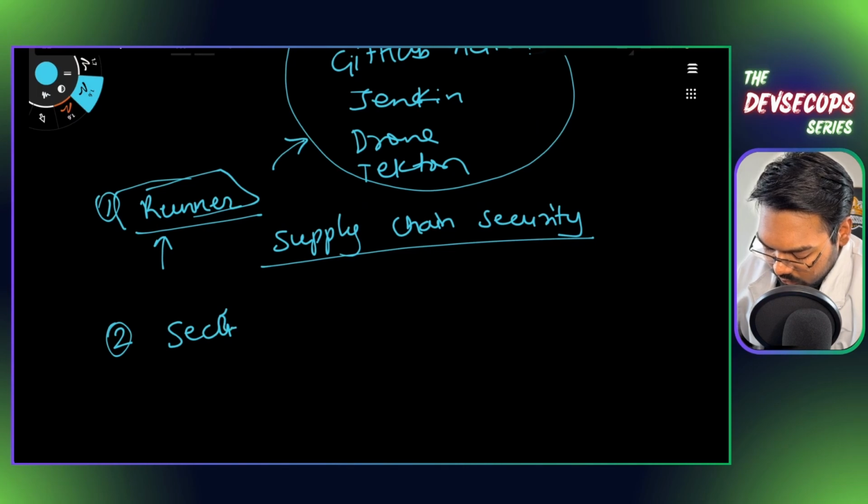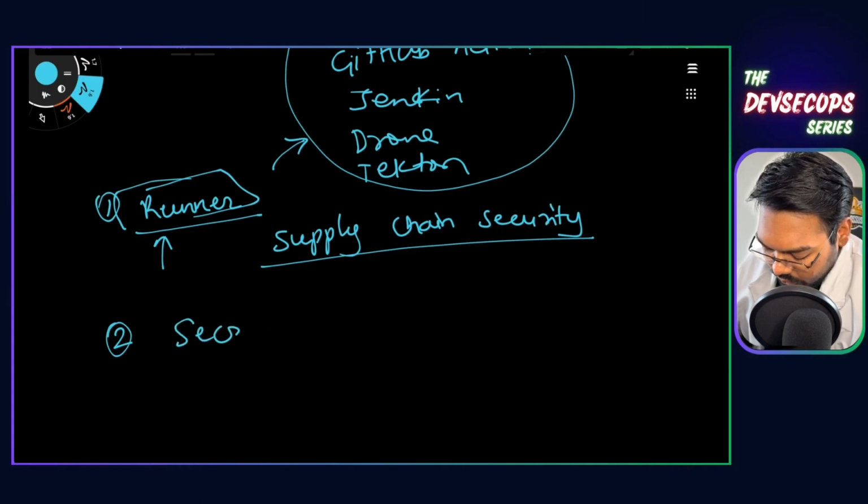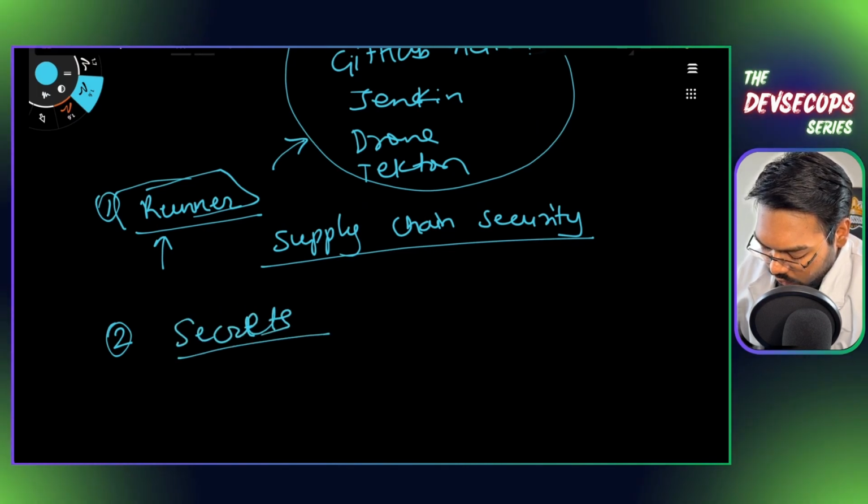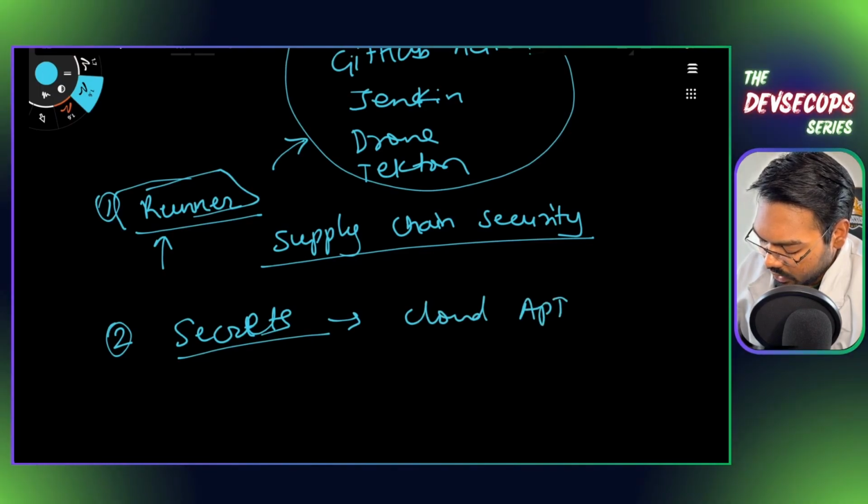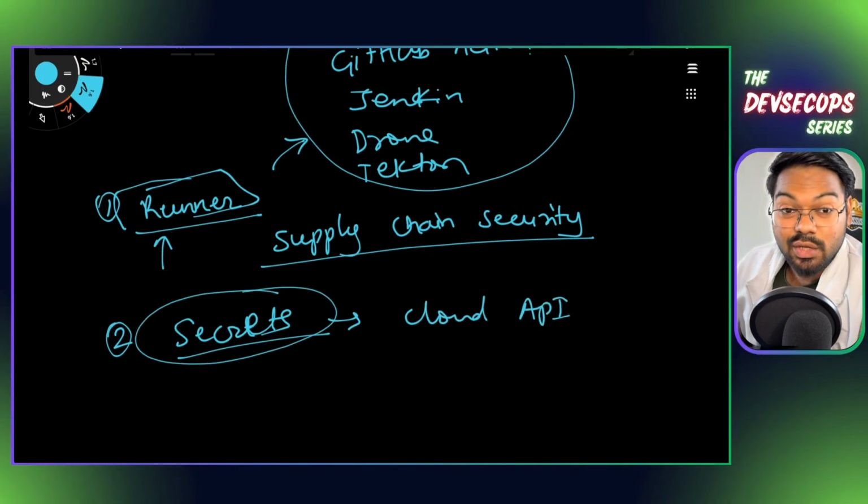Second thing, you might be using some secrets so that you can access your cloud environments, or API tokens, right? API tokens, you need to secure these things.